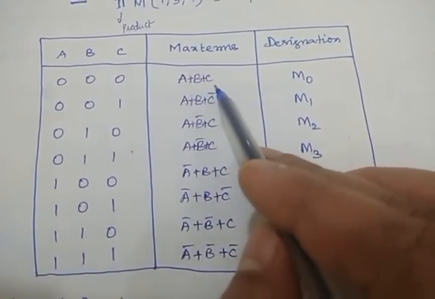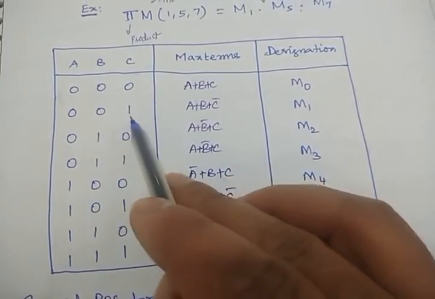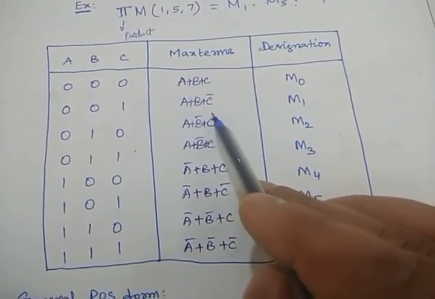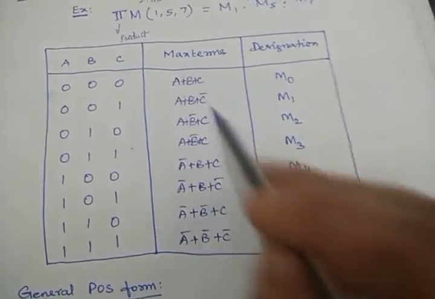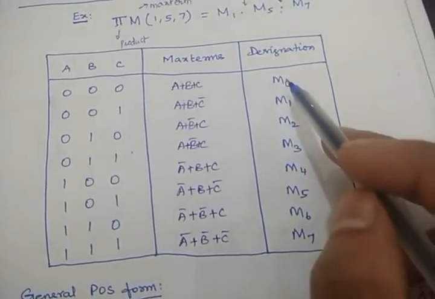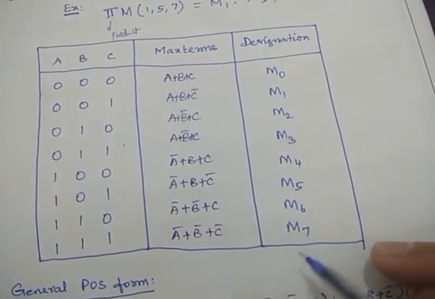So A plus B plus C. 0 means unprimed, that's why we are taking actual values. And 0, 0, 1 means A plus B plus C bar. In the same way, we got all the 8 values. Corresponding notations are capital M0, M1, M2 up to M7.